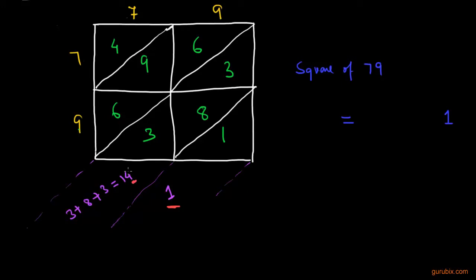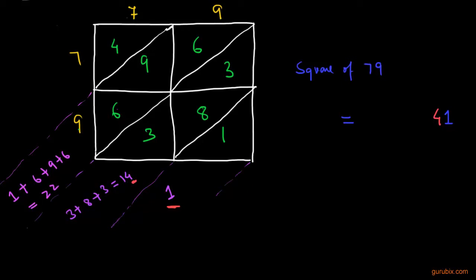And now we shall underline the unit digit of this sum and write this 4 here, and carry over this tens digit, this means 1 here, and add these 6, 9 and 6, and it is equal to 22.